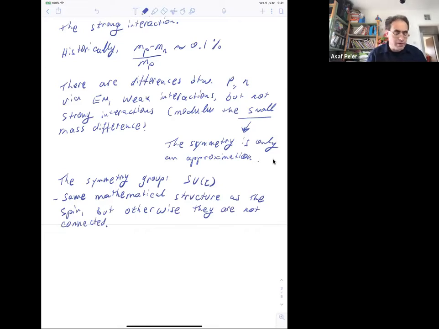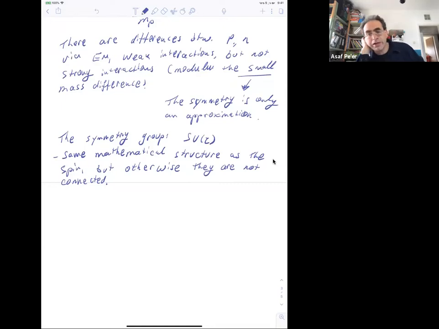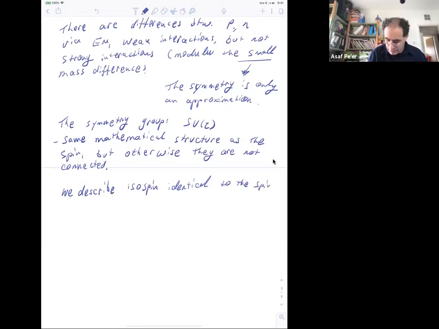We can describe isospin by two numbers: I, which is the total isospin, and I3, which is the component of the isospin vector in a given direction. This is a state which describes the isospin, which in our case will be the proton and the neutron.